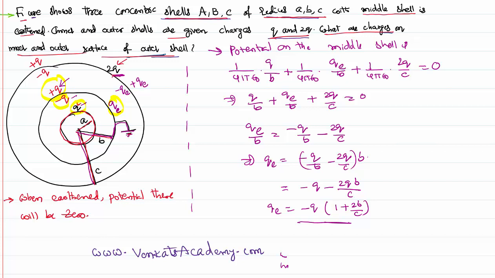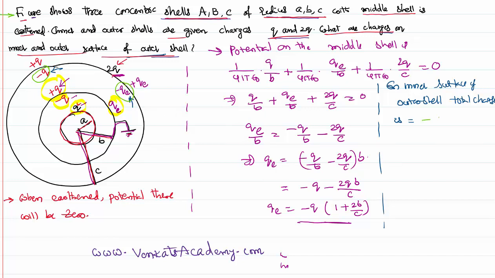Now, knowing this, we can solve the problem further. You want to find out what is the charge on the inner surface of the outer shell. We know on the inner surface of the outer shell, the total charge is this charge minus Q, this charge minus QE.